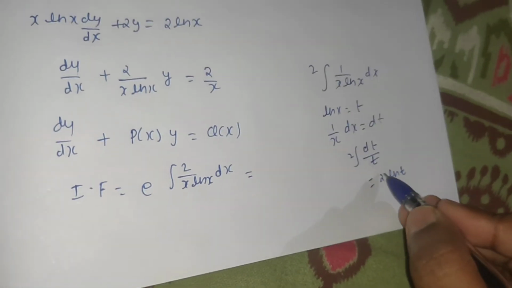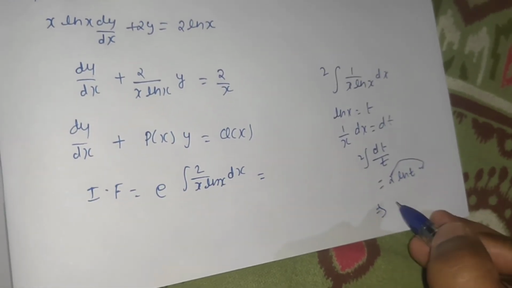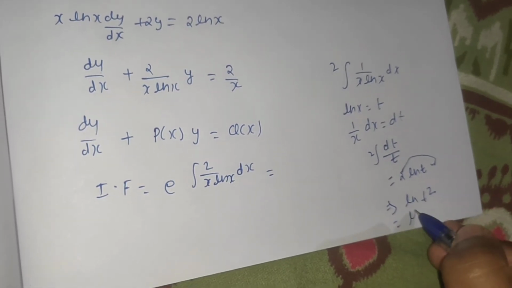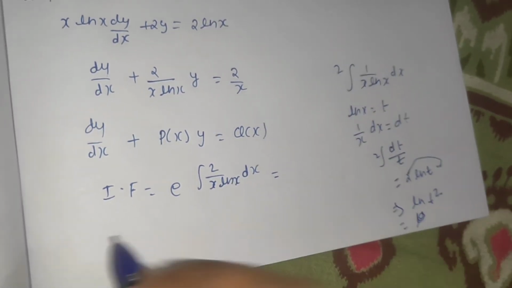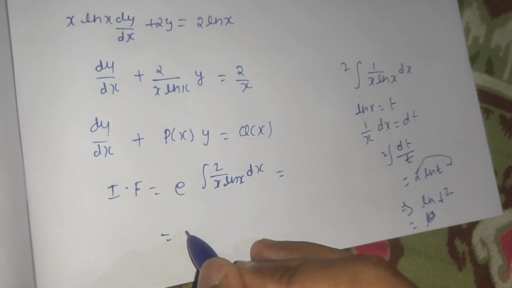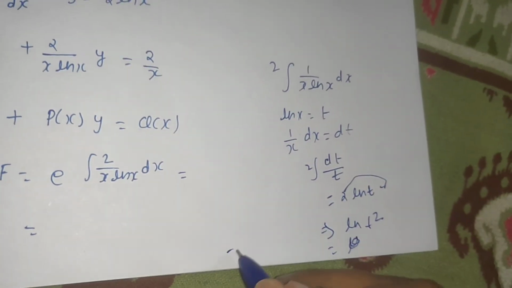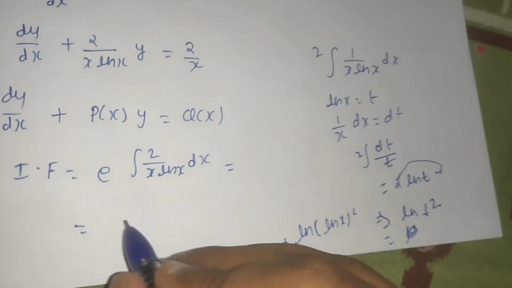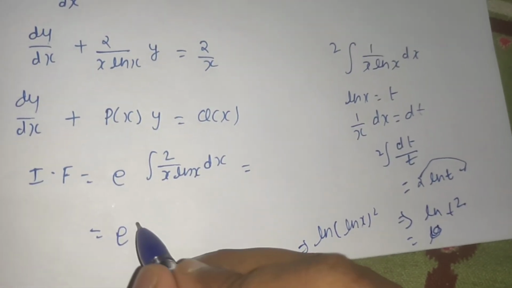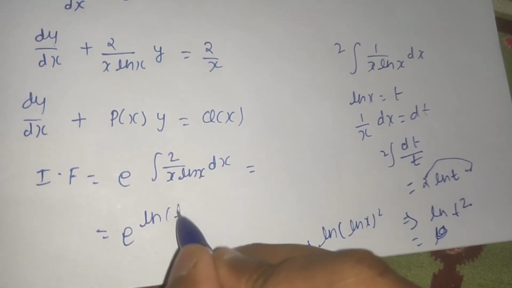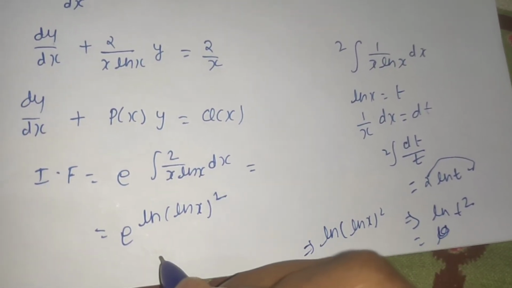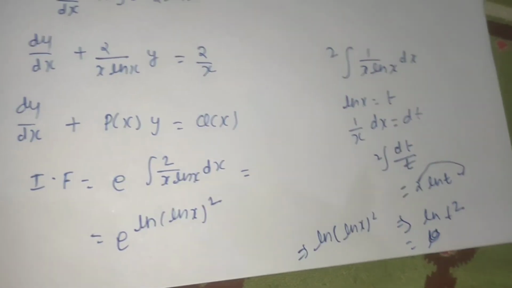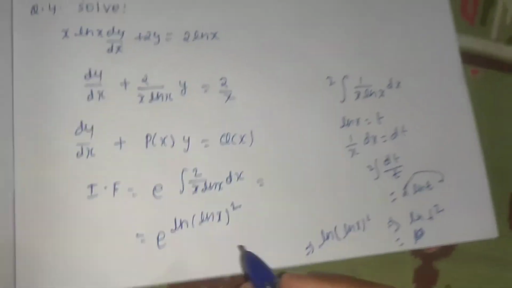Since this is log, you can take this up, so ln t square, and t was your assumption, so this will be ln x whole square, so e power ln x whole square.